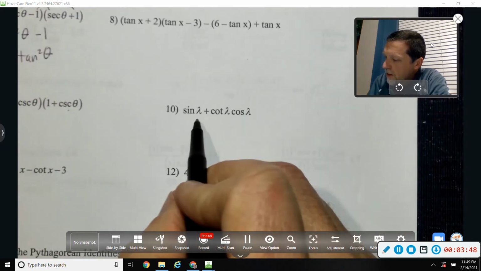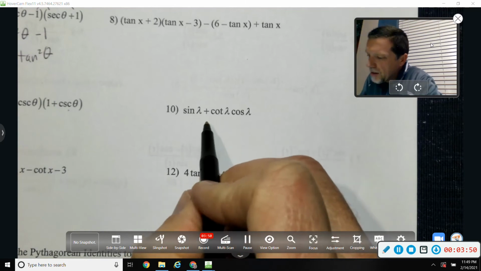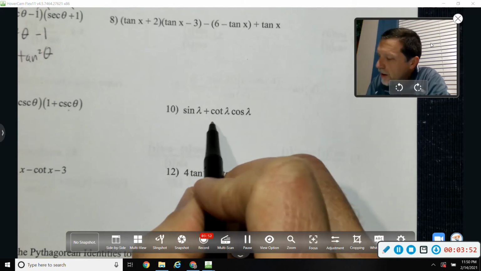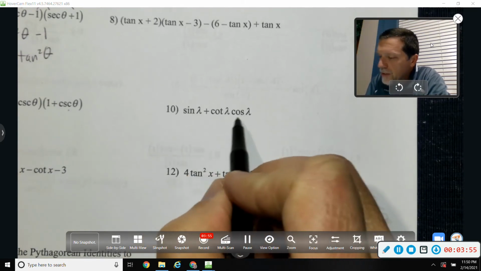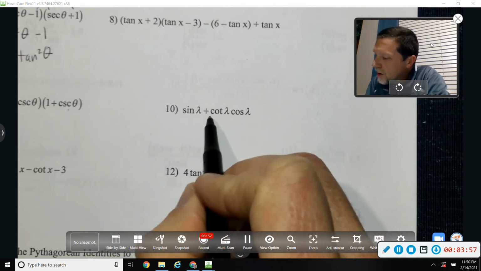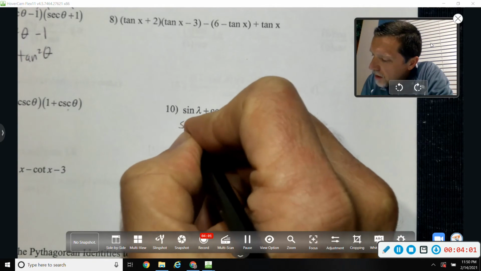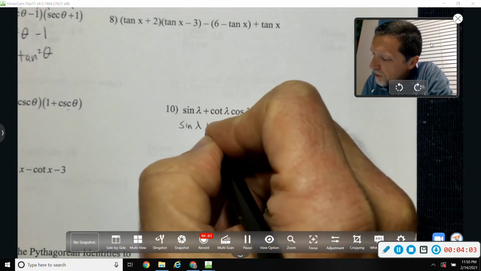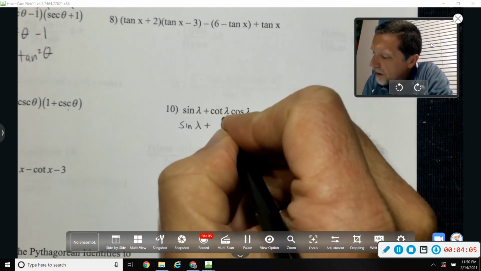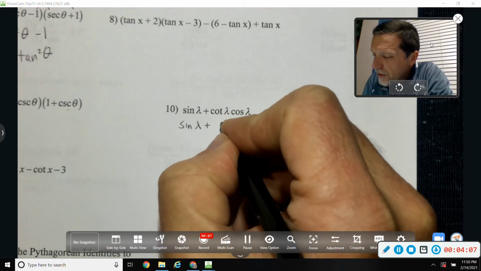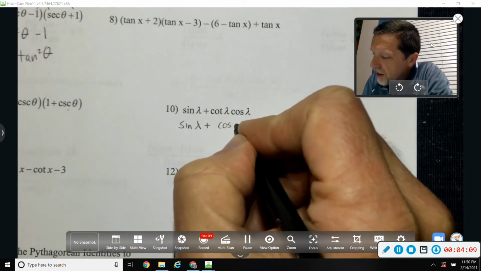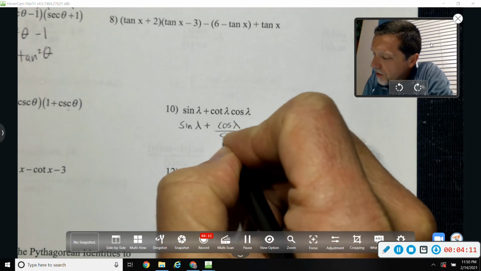Sine of lambda, maybe you've never seen that before, but it's just a Greek symbol that means an angle, plus cotangent times cosine. Probably the first bet is to rewrite cotangent in terms of sine and cosine. Cotangent is cosine over sine.